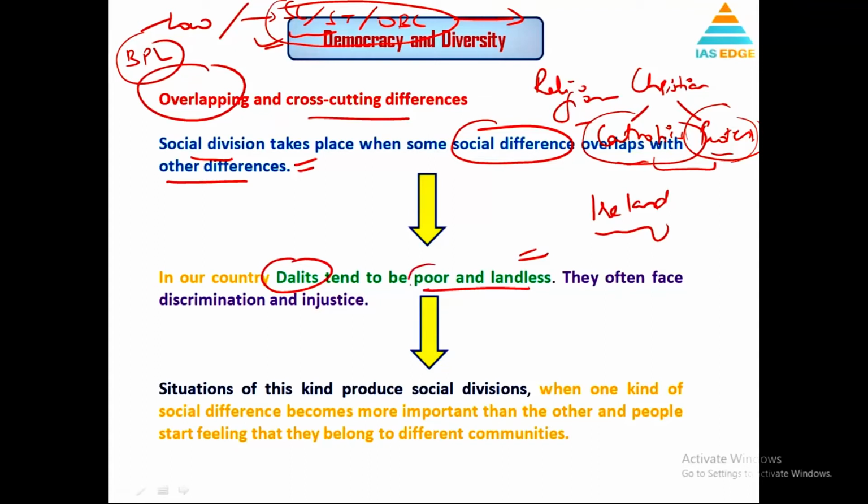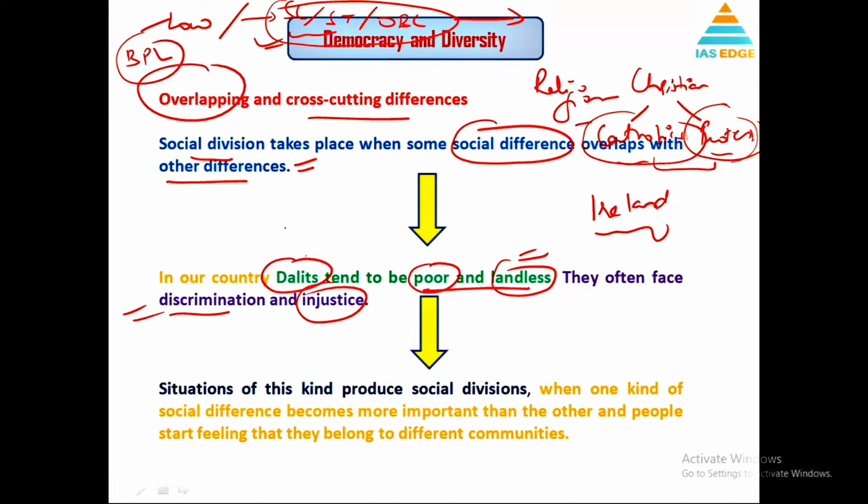So mostly we can say Dalits are poor and landless, so we discuss they are socially excluded. In economics, we discuss that there is a social exclusion of these people. Not only social exclusion, they are more vulnerable and they have fewer life chances, and that further leads to a situation where they are discriminated against and there is injustice also. People who are relatively rich or powerful do not face such discrimination in general, but these people face it.